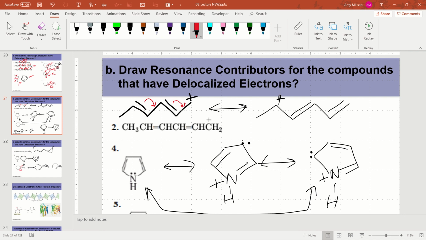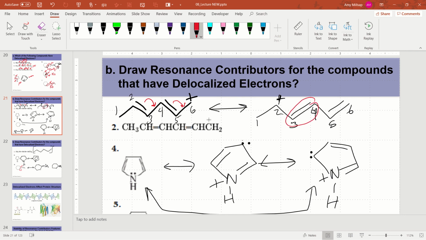And from showing that movement, I can number my carbons and parse down how I'm going to draw my resonance contributor. So I can tell myself that I'm taking the pi electrons from 2 and 3 and moving them to 3 and 4. There's where they move to, between 3 and 4.